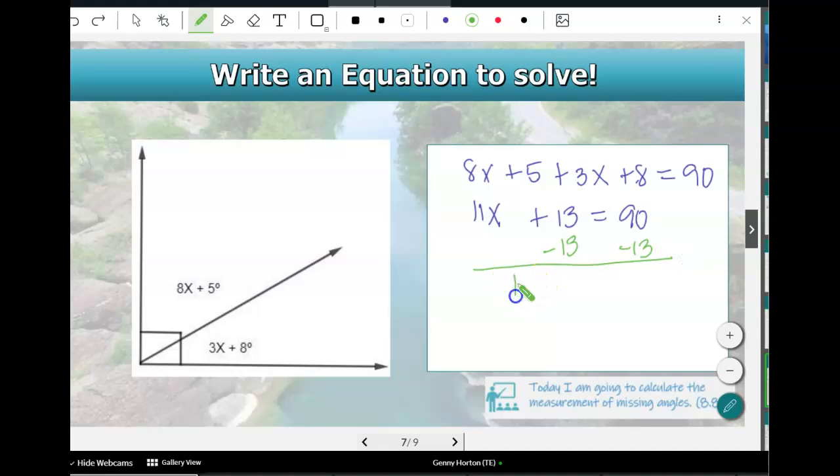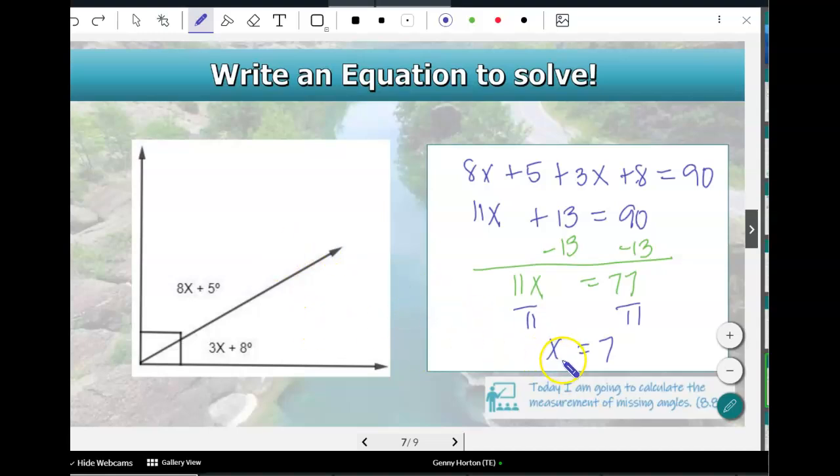And we end up with 11x. The 13 minus 13 cancels. 90 minus 13 is 77. We're going to divide by 11. And then x is equal to 7. Now, we're trying to figure out what the angle measures are.